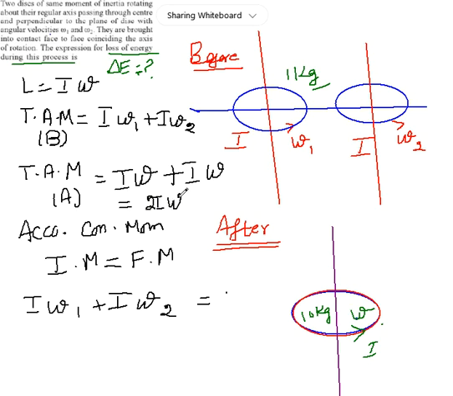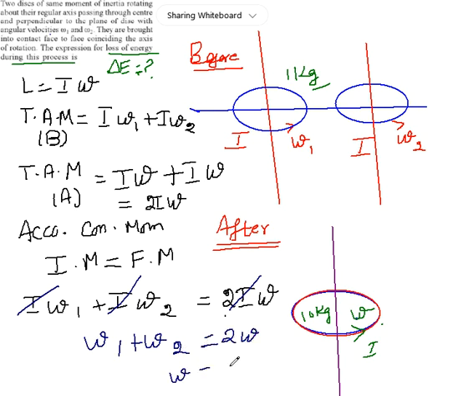The final momentum is given by 2I omega. On all sides we have I, so they will get cancelled. So omega 1 plus omega 2 is equal to 2 omega. Then omega is equal to omega 1 plus omega 2 divided by 2. Could you understand up to this?